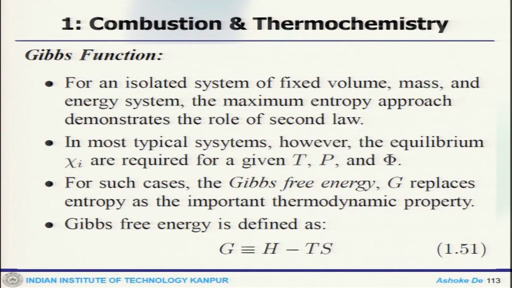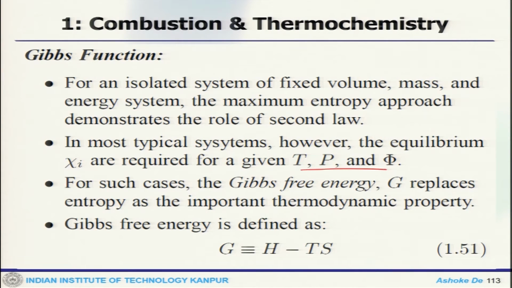Now, there is another important function, which is the Gibbs function. For an isolated system of fixed volume, mass and energy, the maximum entropy approach demonstrates the role of the second law. In most typical systems, however, equilibrium is given for a T, P and phi.